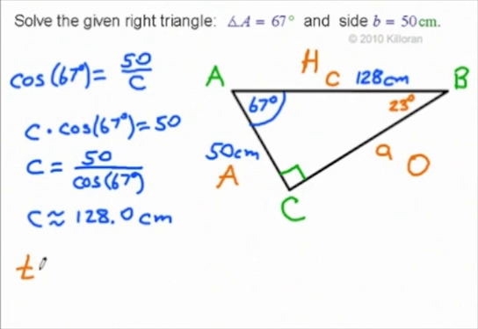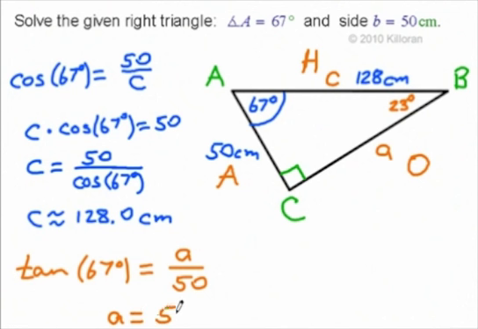So we're going to set up tangent of 67 degrees is equal to opposite, which is A, the letter we're looking for, over the adjacent side, which is 50. And this one's the easier one to solve. Multiply both sides by 50 and you get A equals 50 times tangent of 67 degrees.